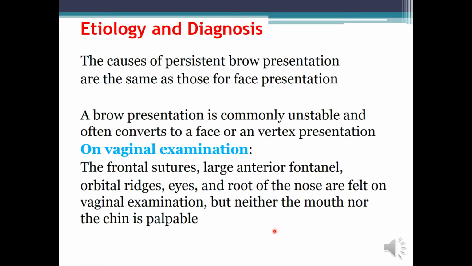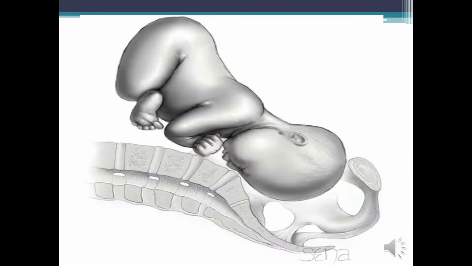As we said, in face presentation we can feel the mouth and the chin, while in brow presentation neither mouth nor chin is palpable. This is brow presentation: anterior fontanelle, orbital ridges, and root of the nose and the eyes only.